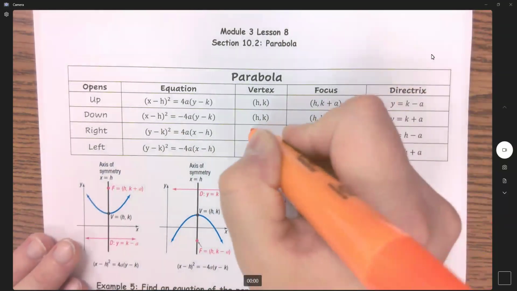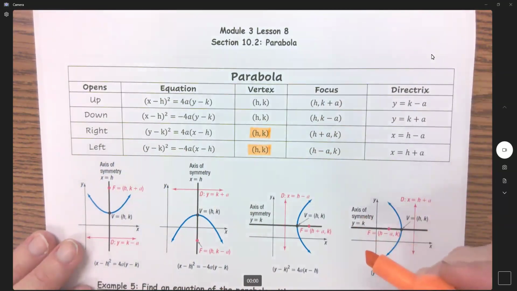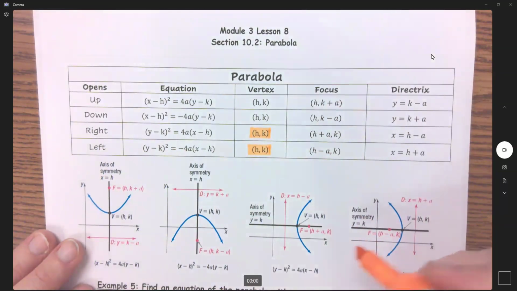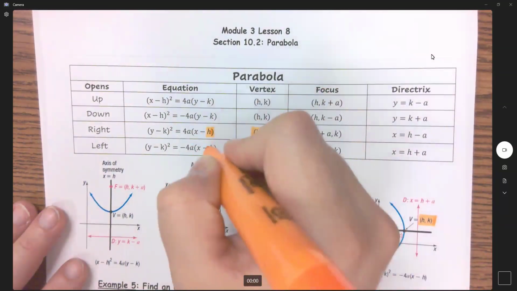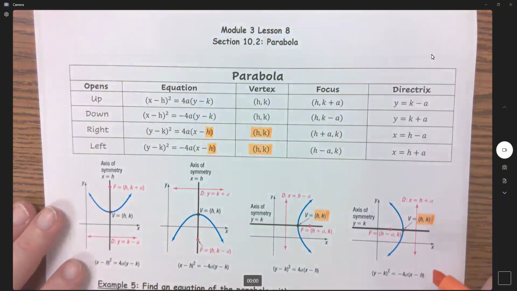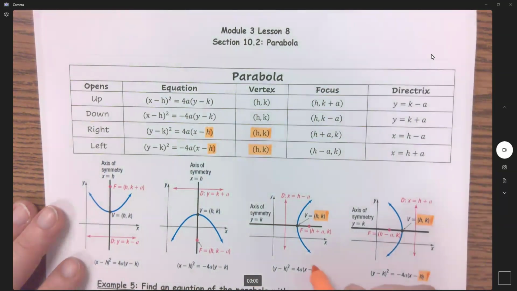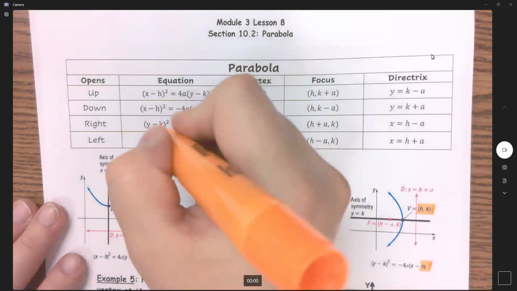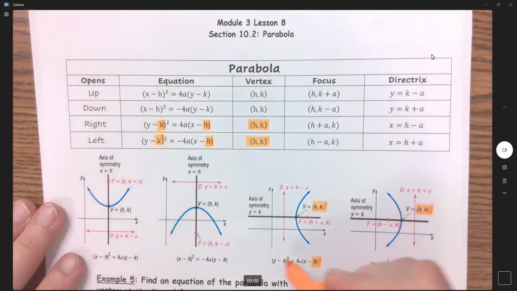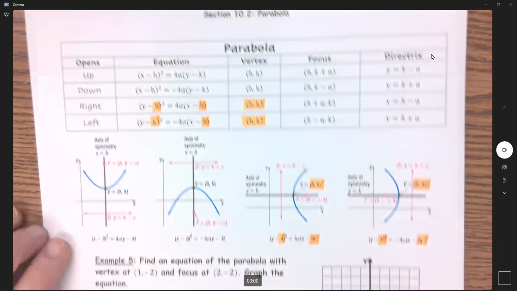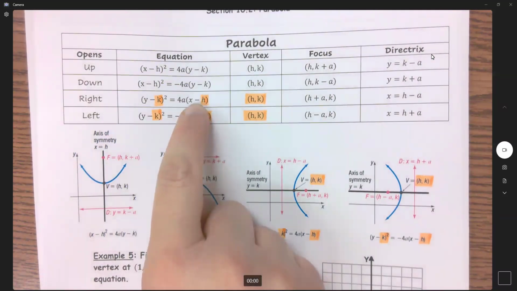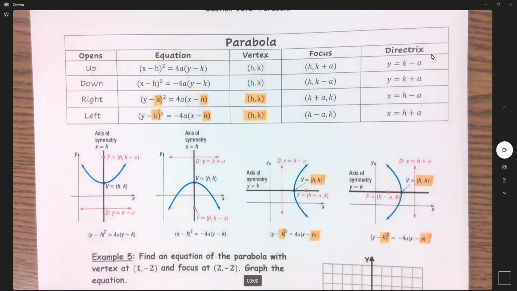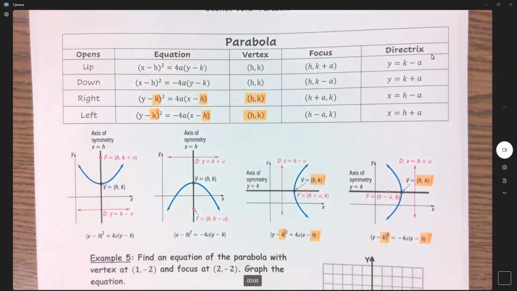My vertex is still at (h, k), but in that formula your h comes second and your y, or your k, comes first. So the vertex is out of order. But if you always remember you're going to go x, comma, y, then that will be fine. Just be aware of that.